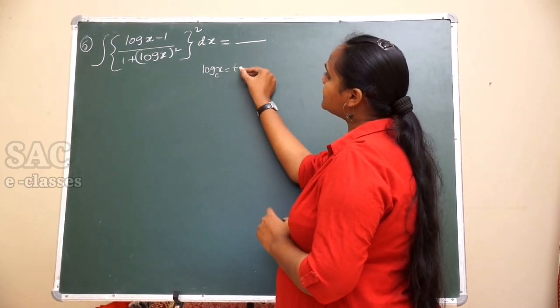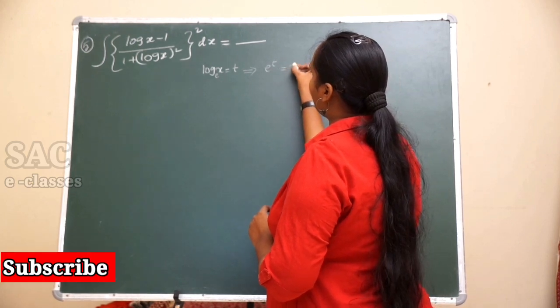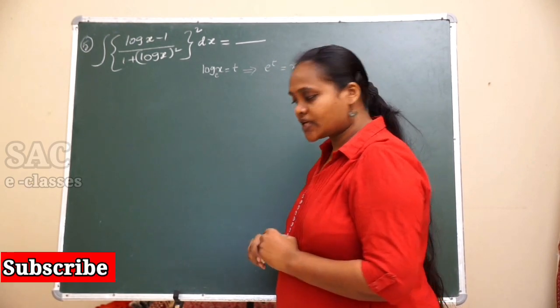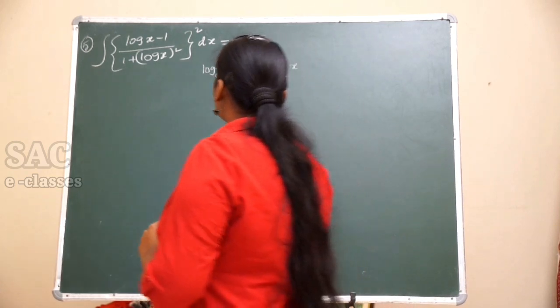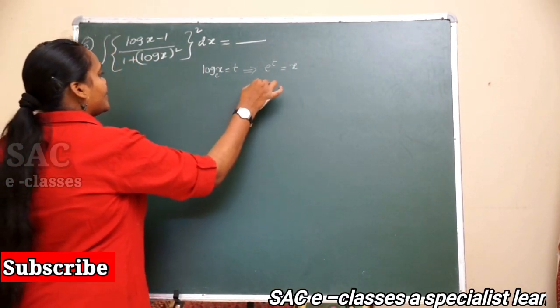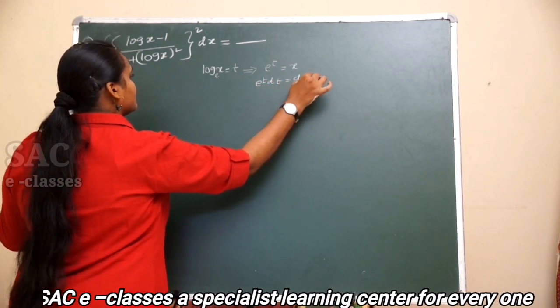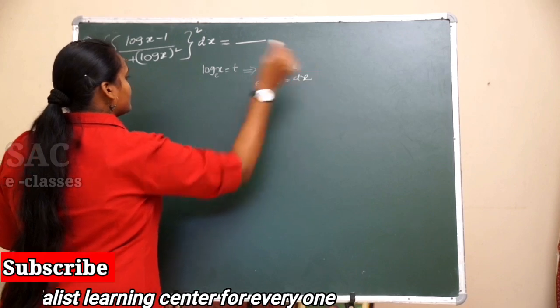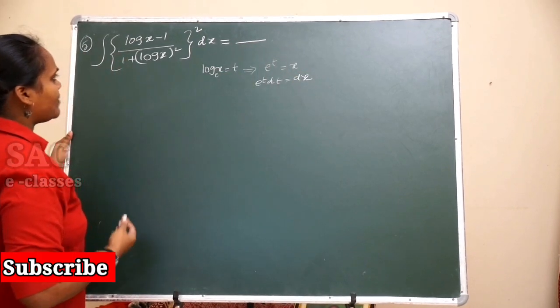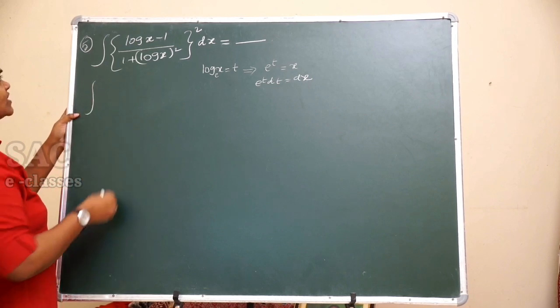So log x is t means, can we write e power t equal to x? Yes, we can write e power t is equal to x. Now differentiate: e power t dt equals dx. Even though e power x is also not there, we can manage this one in this way.